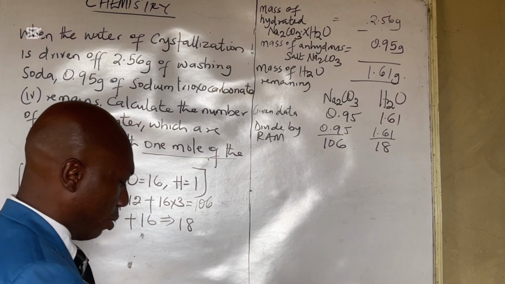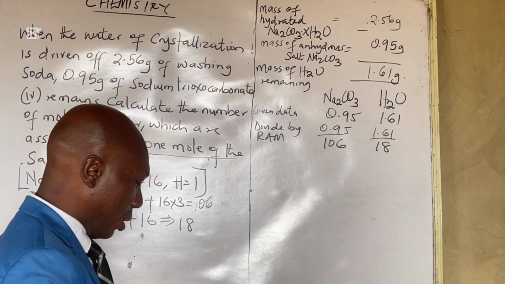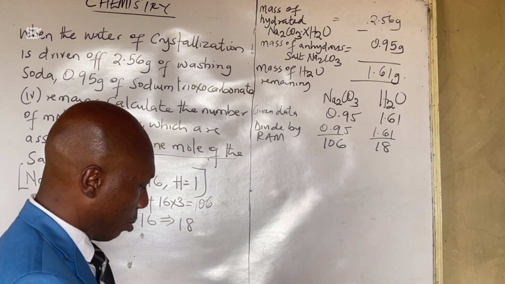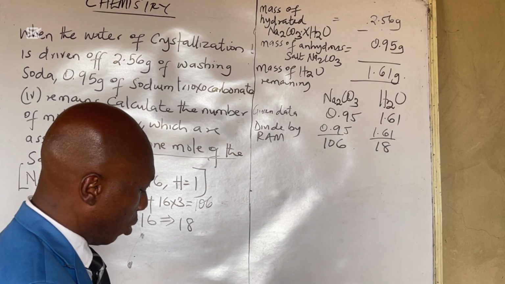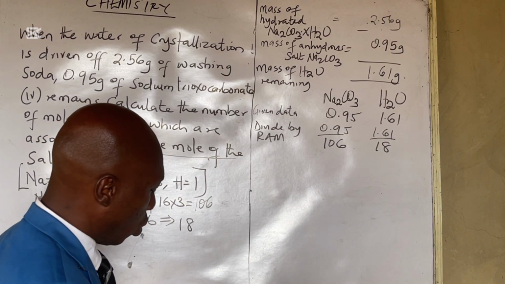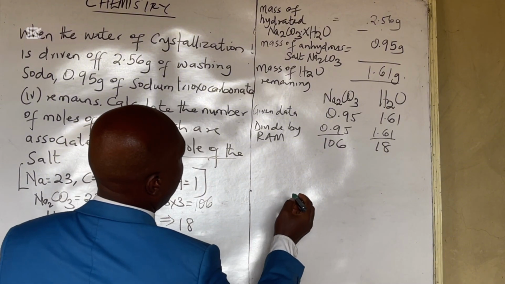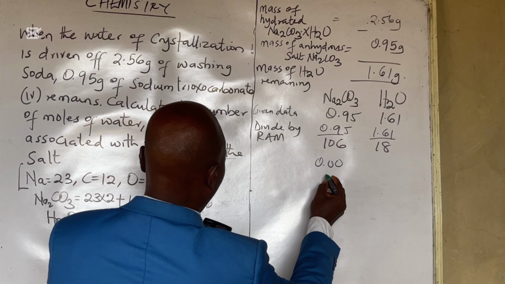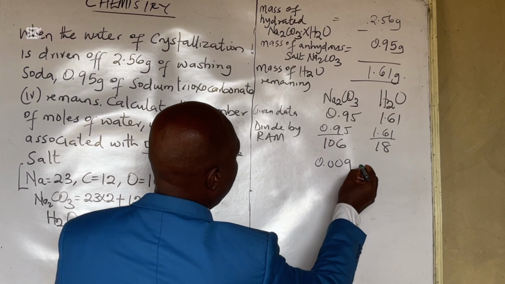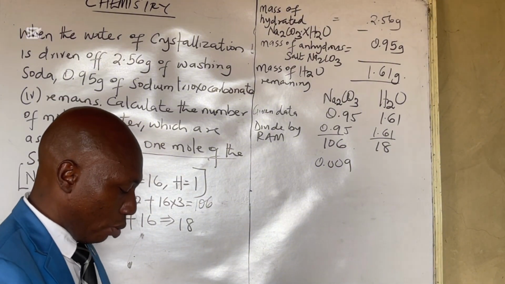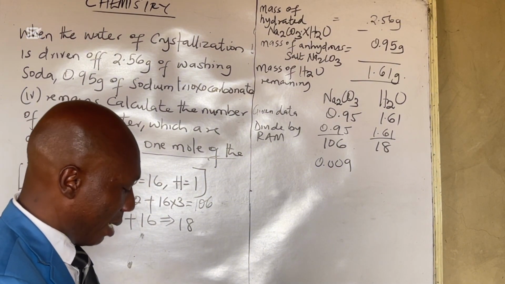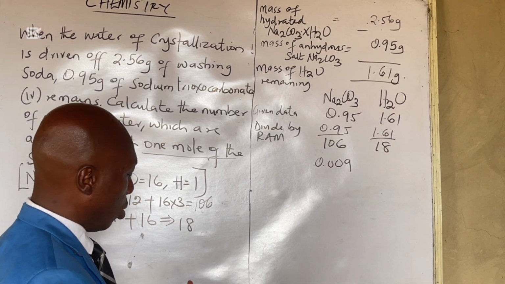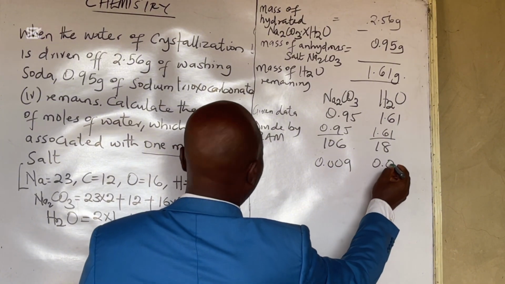So if you do that very well, you have 0.95 divided by 106, so we have 0.009. And 1.61 divided by 18, we have 0.09.